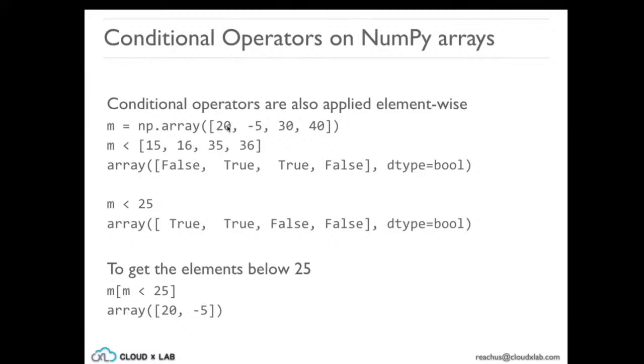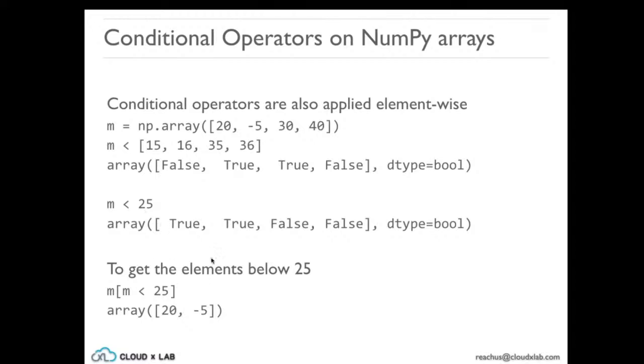It compares 20 and 15, 20 is greater than 15, so that result is false. Minus 5 and 16, minus 5 is smaller, so that is true. 30 and 35, 30 is smaller, so that is also true. 40 and 36, that is not true, so I have false.